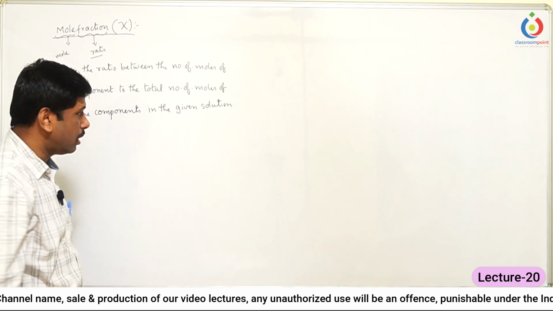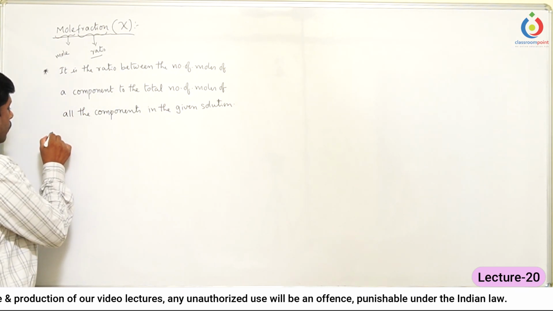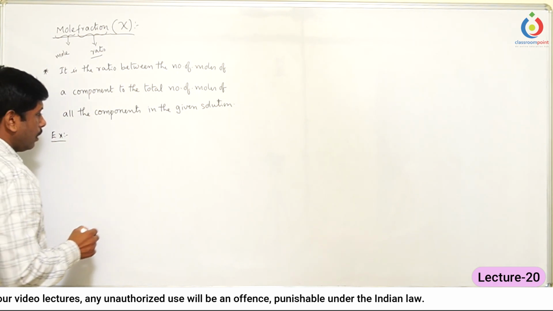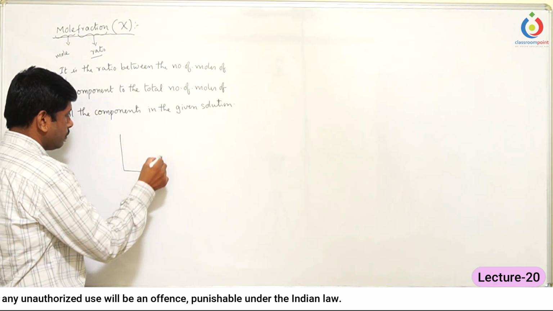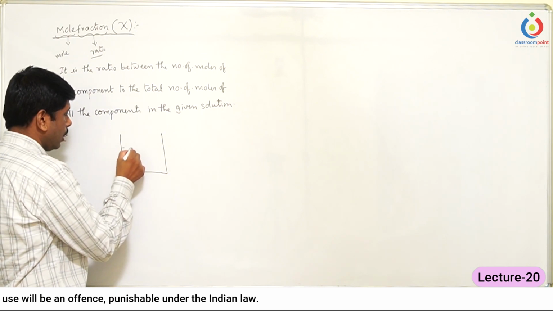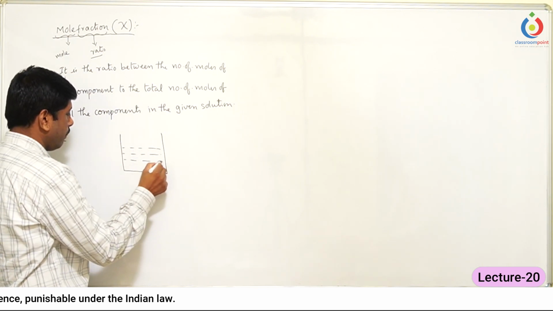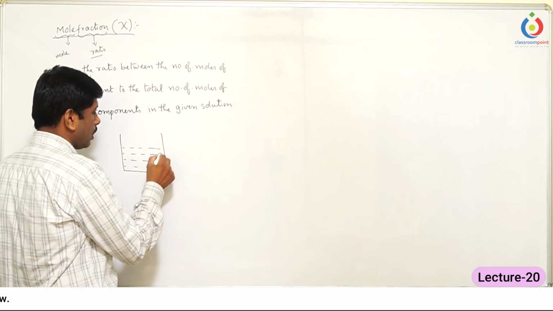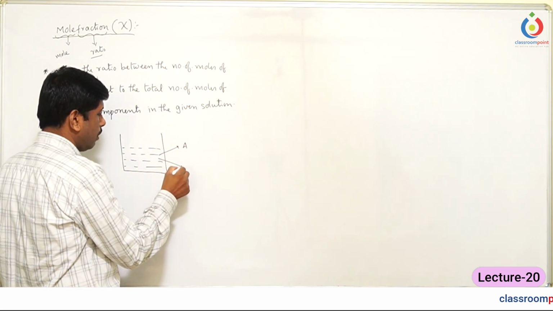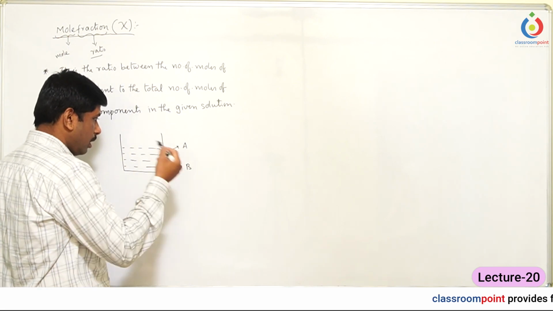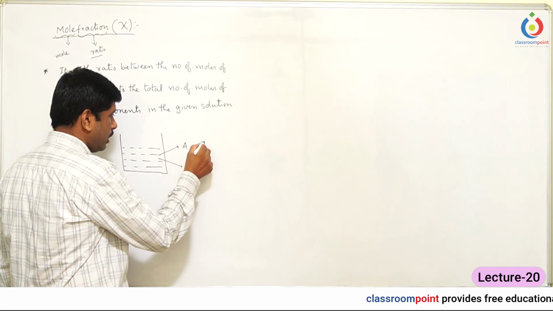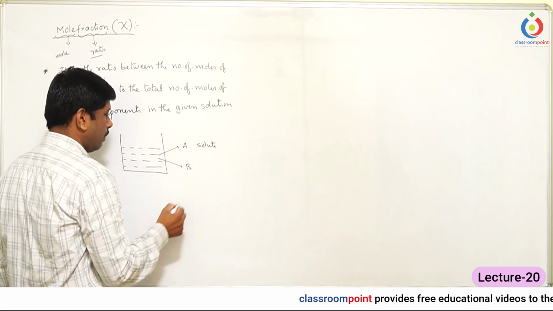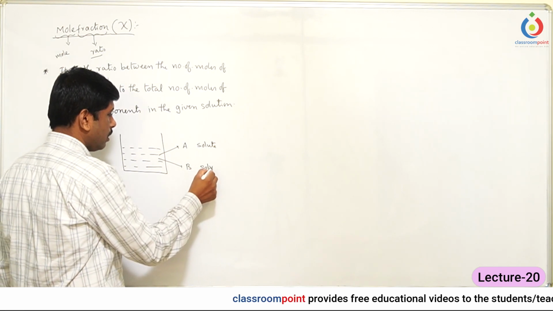Now let us consider there is a solution. Imagine the solution is having two components, component A and component B. Let us consider component A is a solute, component B is a solvent.